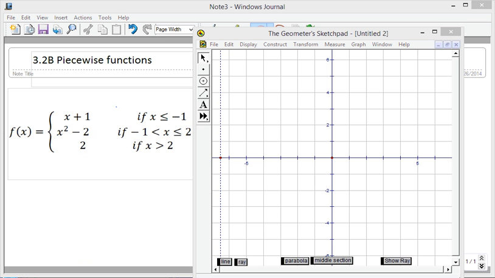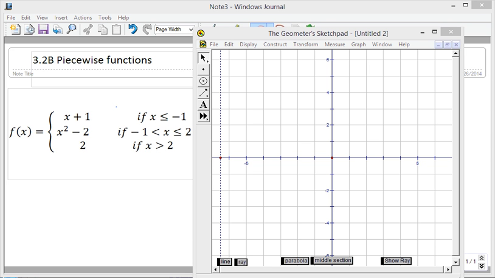Okay, so we also want to graph these piecewise functions. And any one of these we could graph, but we want to combine them all onto this graph.